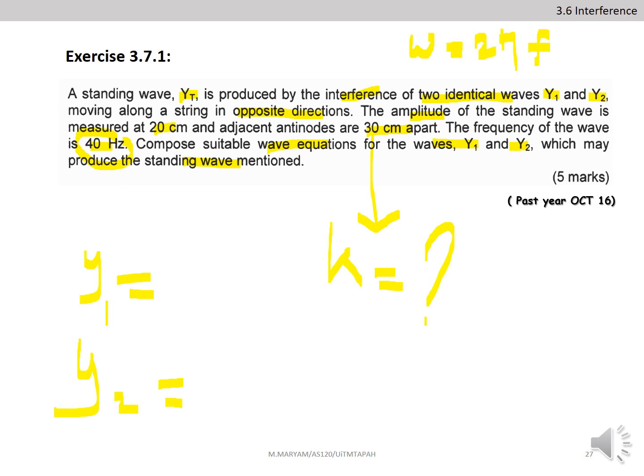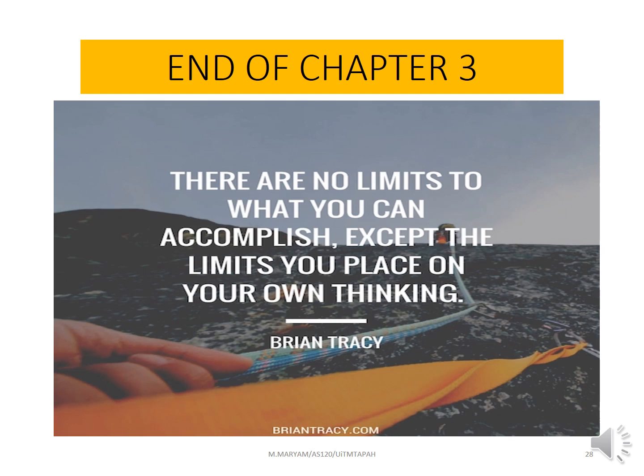A is given already, k you find from here, and omega you can find from the given frequency. So A, k and omega are the same. The difference is only the direction, so you can find y1 and y2. Okay, that's simple. All for chapter 3.